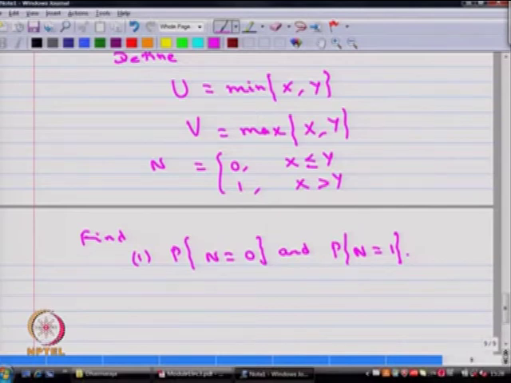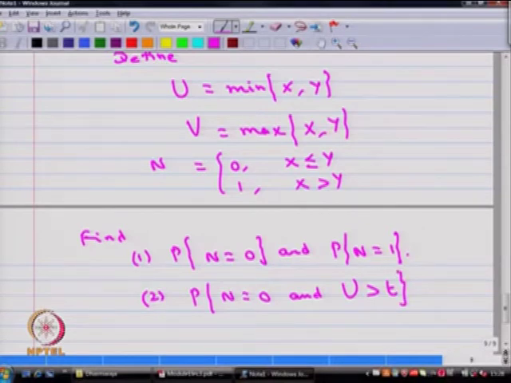Fine. The second, we are interested to find out the probability that N takes the value 0 and capital U takes a value greater than some t, where t is greater than 0.